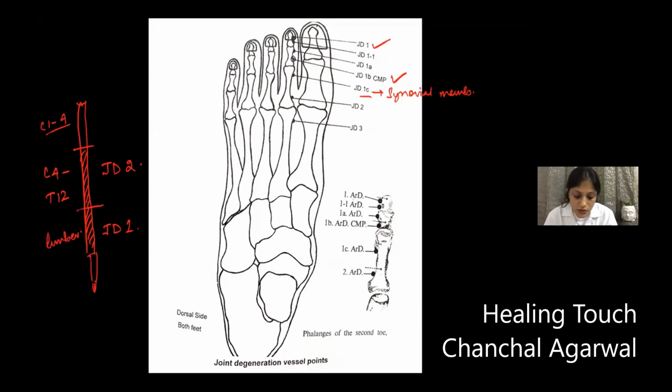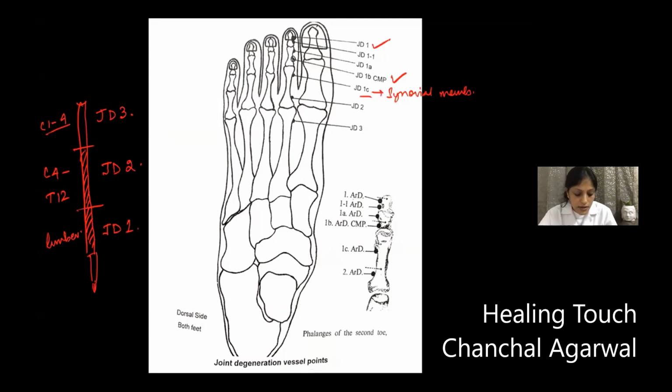So C1, C2 से लेकर C4 तक, cervical का 1, 2, 3, 4 में कुछ भी problem है, then you will choose JD का 3. Isn't it very simple? कितना simple हो गया? JD 1, 2, 3. 1 lumbar और नीचे के लिए, 2 thoracic and cervical का थोड़े से नीचे के हिस्से के लिए, और 3 cervical के topmost part के लिए, है ना?